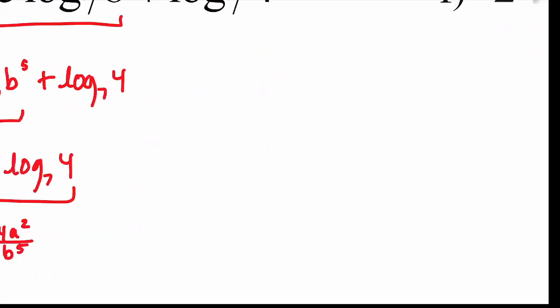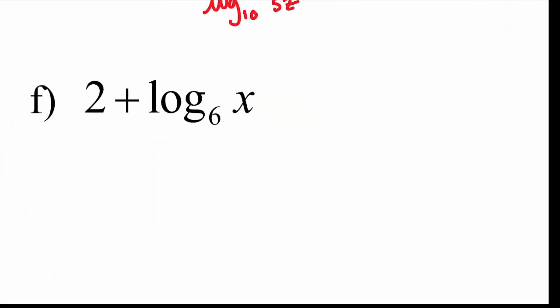All right, here's part F. This one requires a little bit of creativity. I see a constant and a log, and I really can't combine them right now using any of our log rules because it requires this to also be a log. But technically, I could rewrite it into a log. Creatively, I can rewrite this as log base 6 of 6 squared.